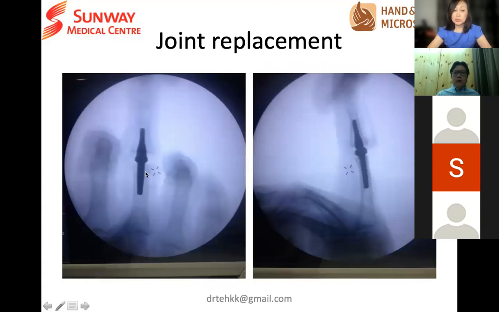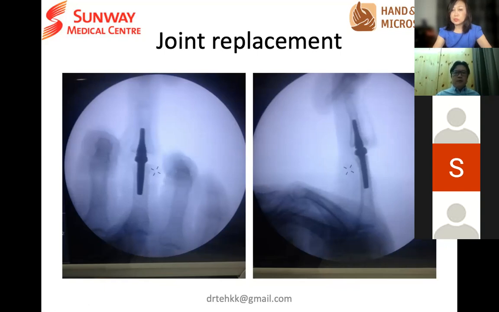You see quite a number of knee joint replacement, hip replacement, but hardly any joint replacement in the hand because first of all it's costly and there are some problems with the number of cases that we have. We have very, very small volume, so it is very costly for people to bring in the implants.